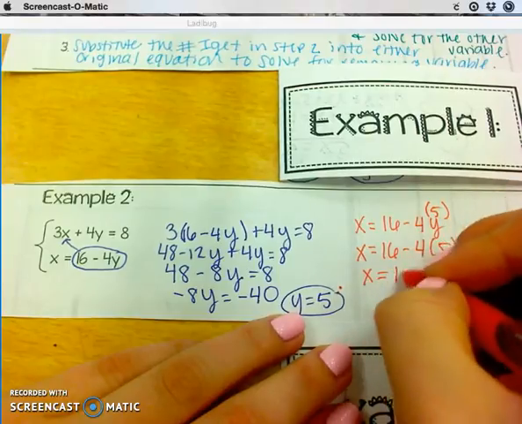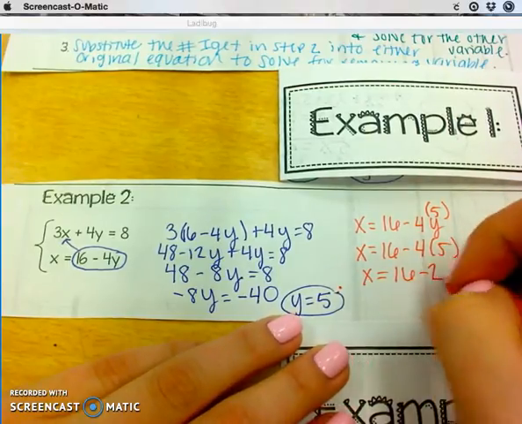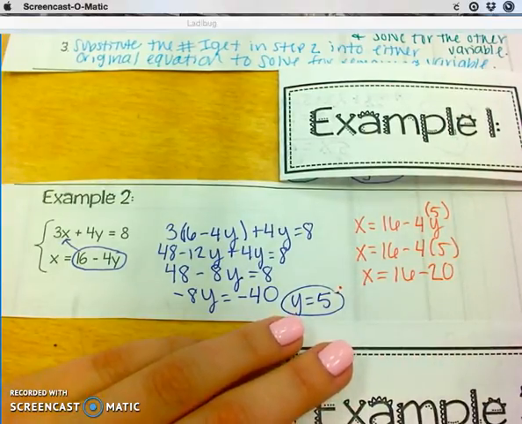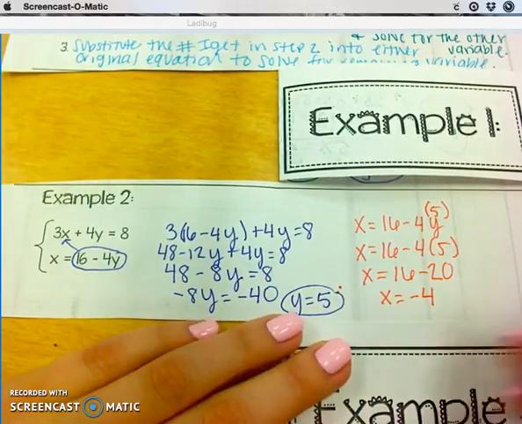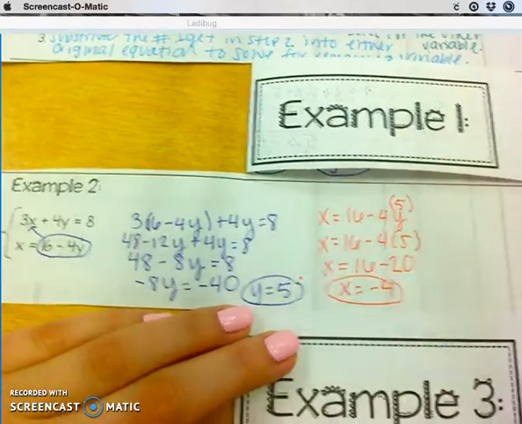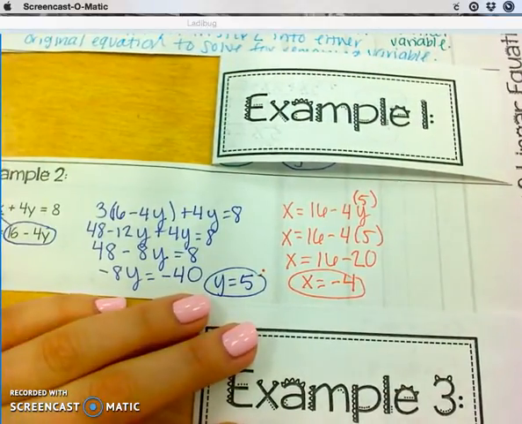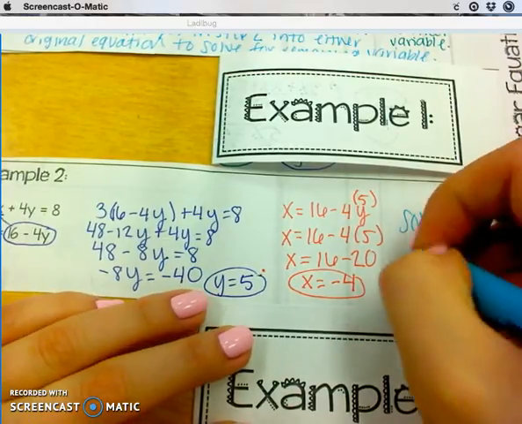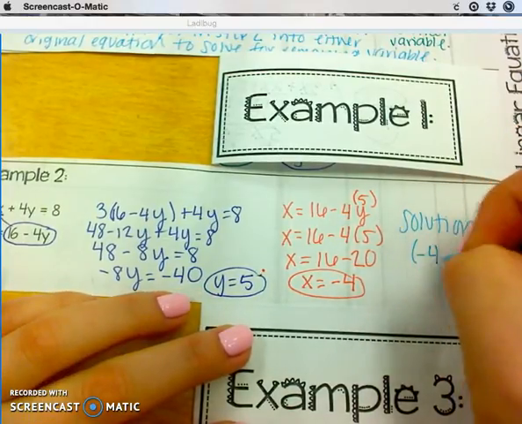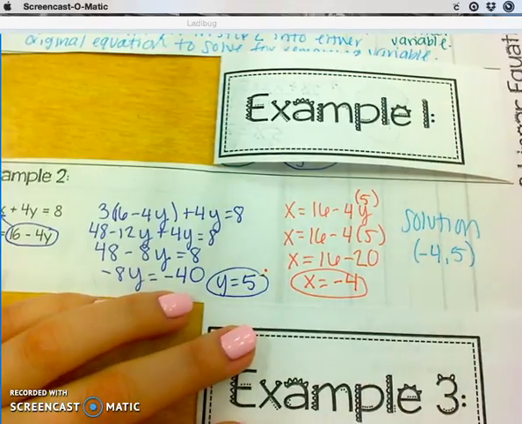So x equals 16 minus 4 times 5, which is 20. And 16 minus 20 is negative 4. So my solution, my x value is negative 4. My y value is 5.